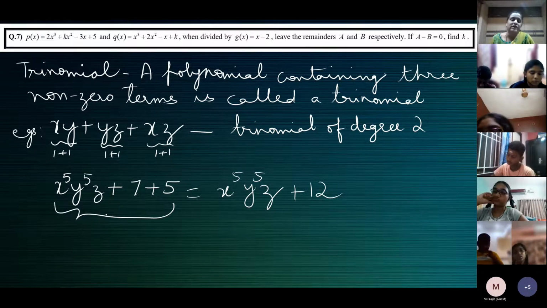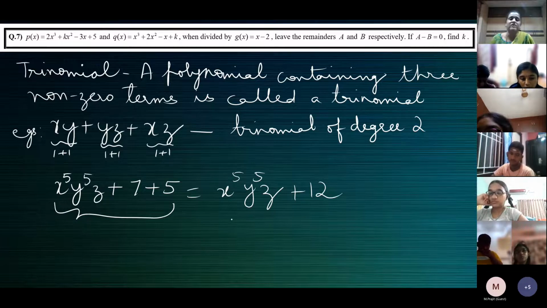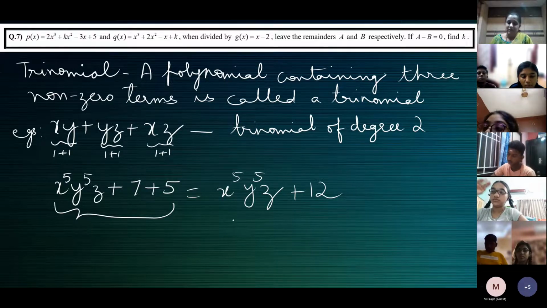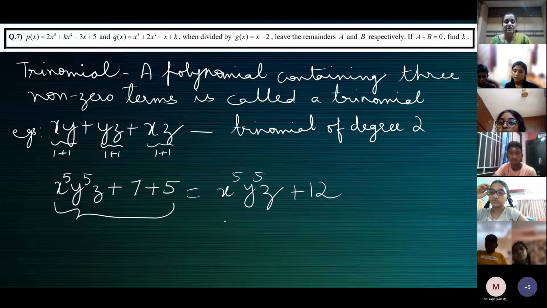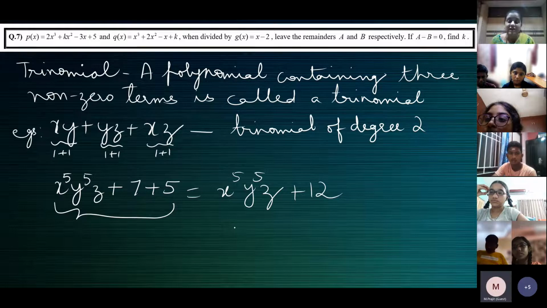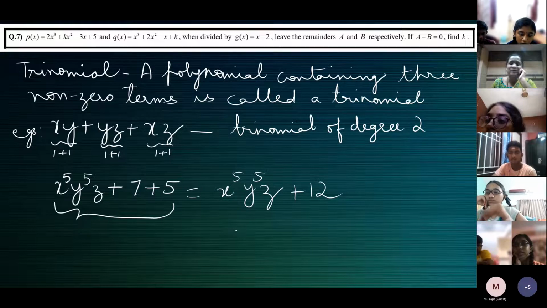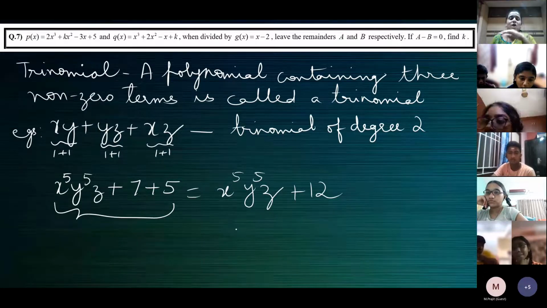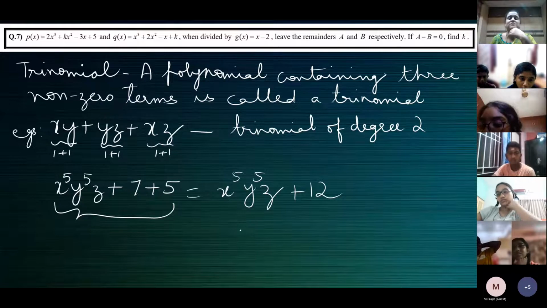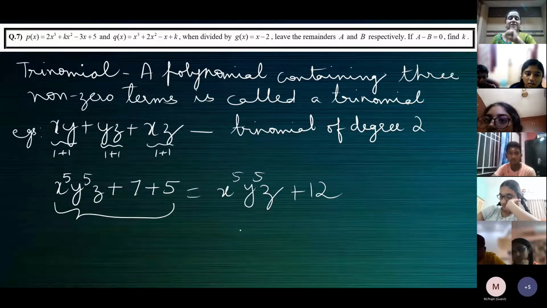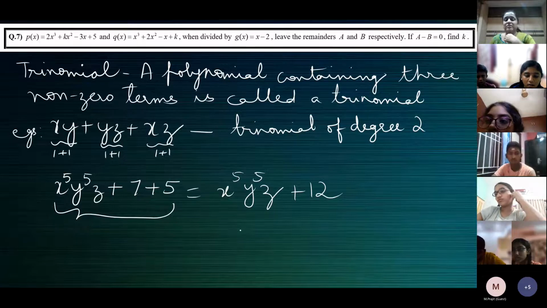So on simplifying, we get x to the power 5, y to the power 5, z plus 12. Further simplification is not possible. It is a binomial of degree 11.